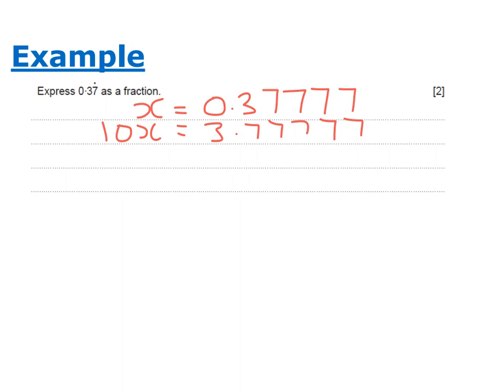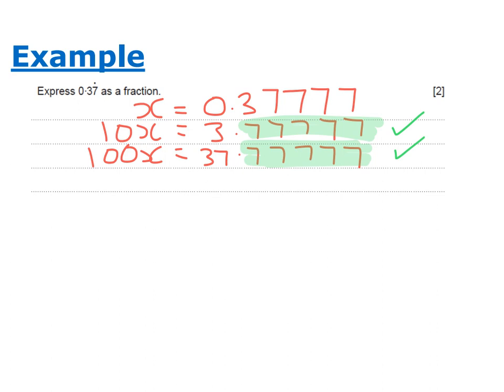So the numbers after the decimal aren't equal yet, so we have to multiply by 10 again. So that will give us 100x equals 37.77777. Now the numbers after the decimal are equal in this example and this one. So I'm going to put a tick next to those two. They're the two that I'm using.